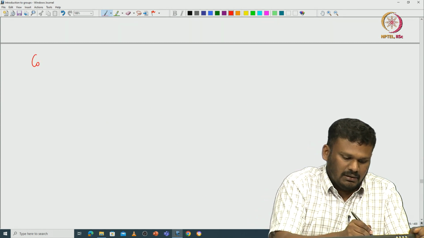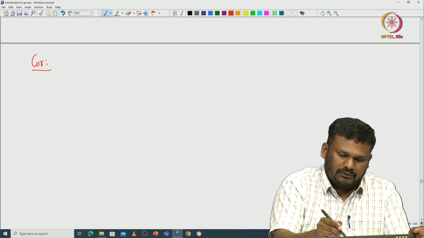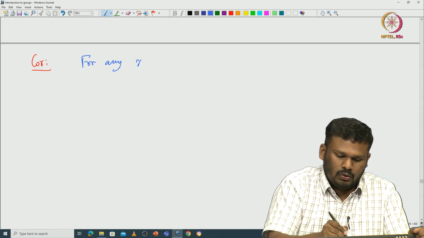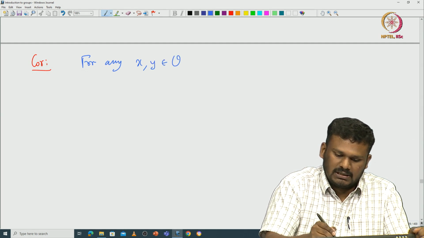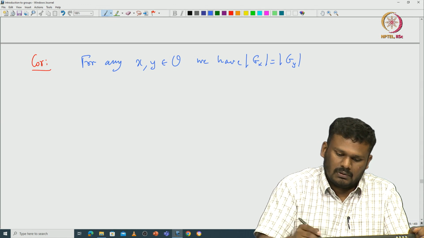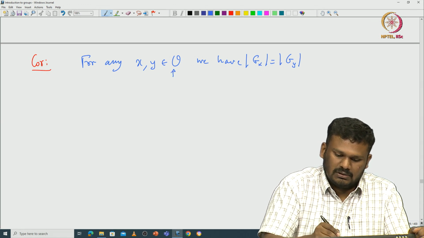As a corollary, for any two elements x and y in the orbit, let us say this is one orbit, we have the cardinality of G_x is the same as the cardinality of G_y. So this is just some orbit.